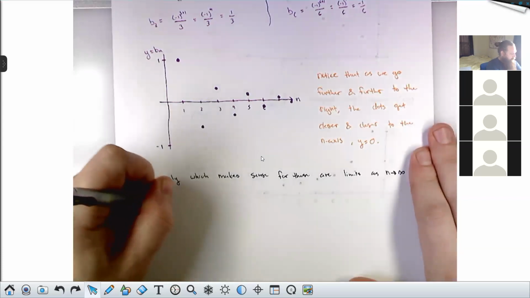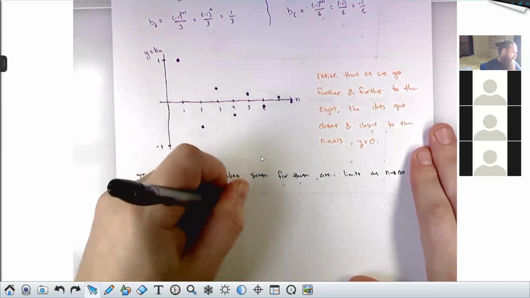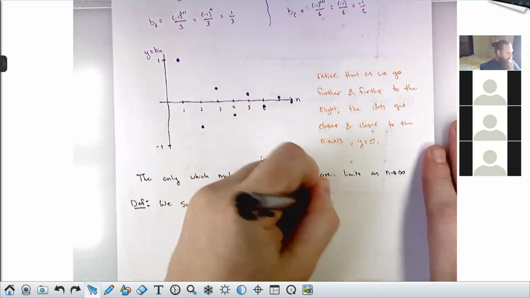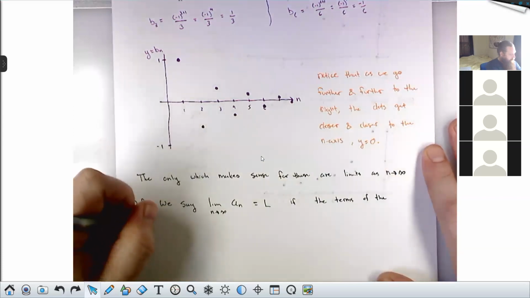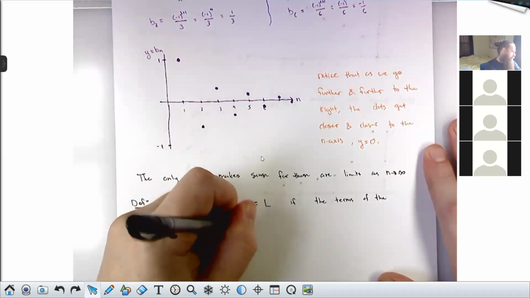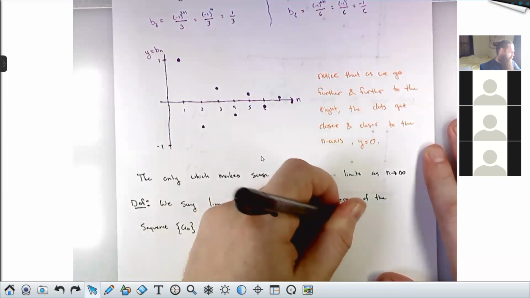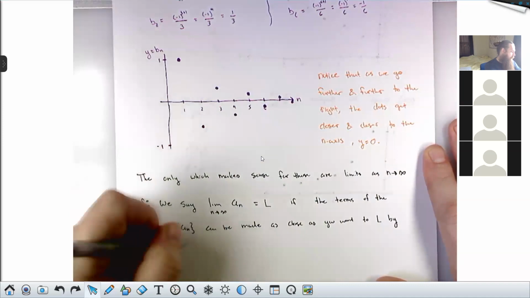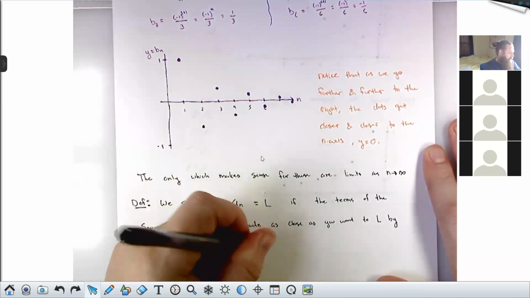So we say that the limit as n goes to infinity of some sequence a_n is equal to the number L if the terms of the sequence a_n can be made as close as we want to L by taking n sufficiently large, right?